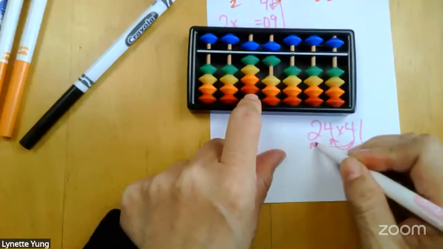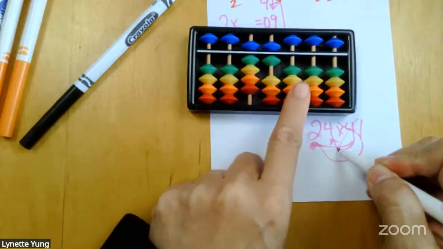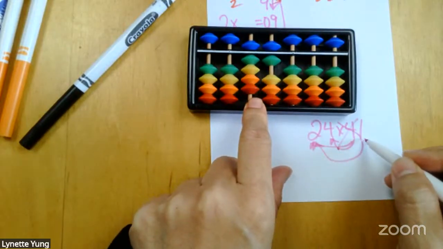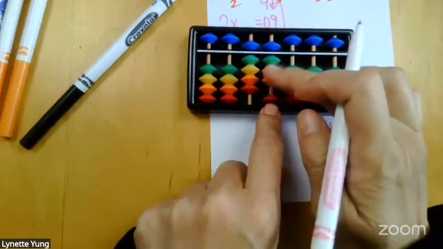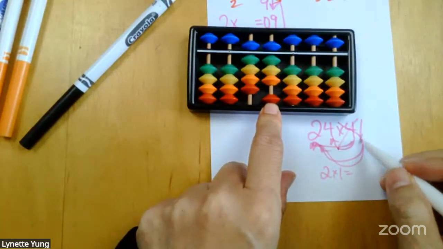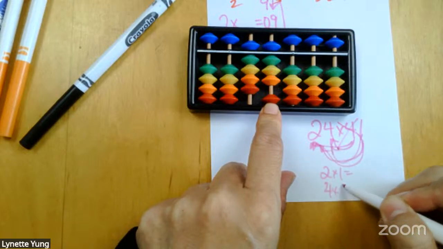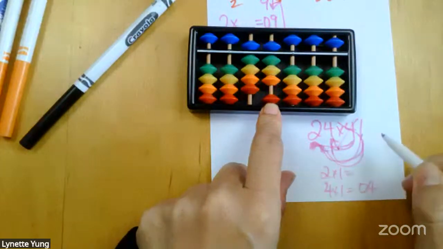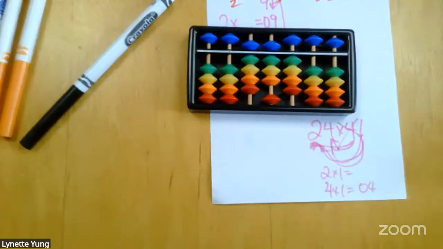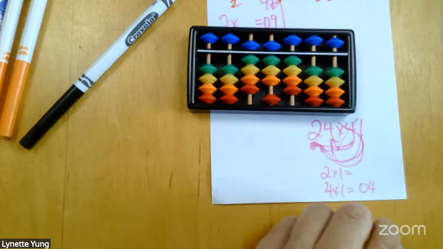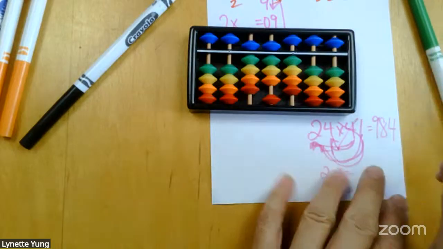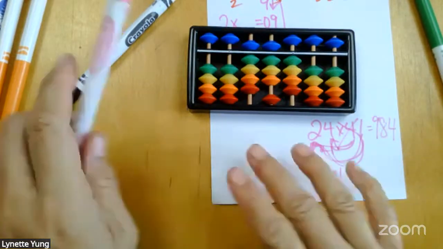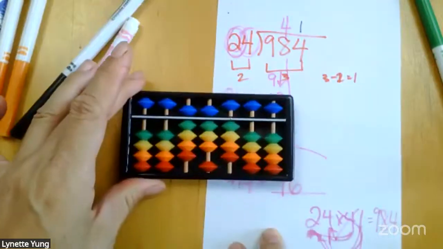And then we've crossed that out, so you go 1, 2, 3 right there. 1 times 2 is 0, 2. 1 times 4 is 0, 4. So then your answer becomes 984. I see, I see.